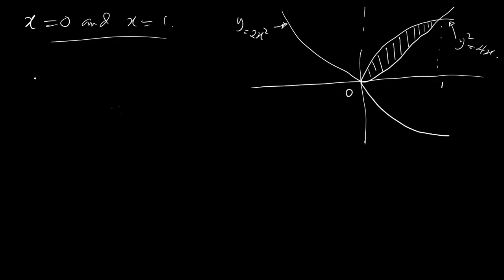Now from this expression, if you check, the y squared equal to 4x is on top, while y equal to 2x squared is below. So it means that the area between these points 1 and 0 for y squared equal to 4x, let me say y squared equal to 4x is y1.